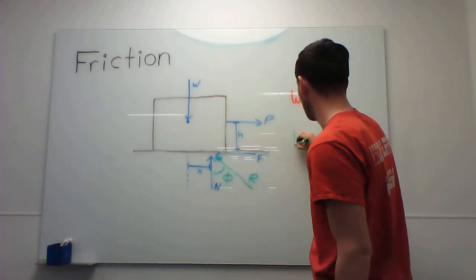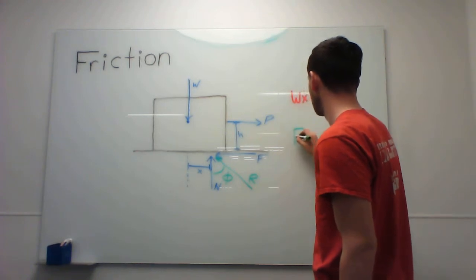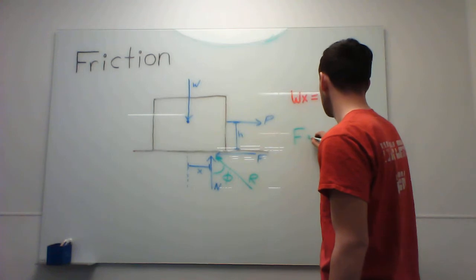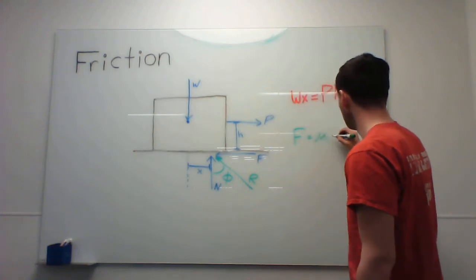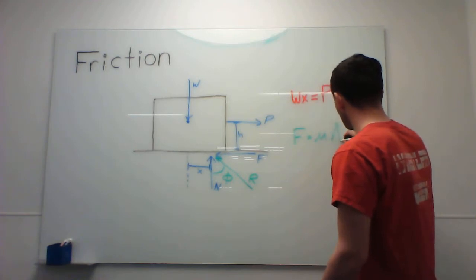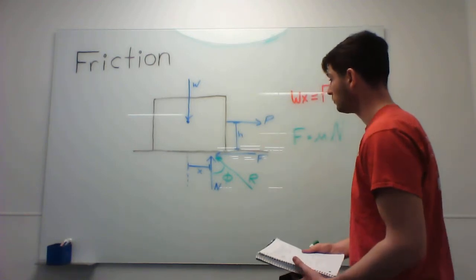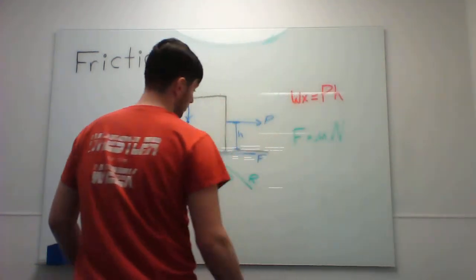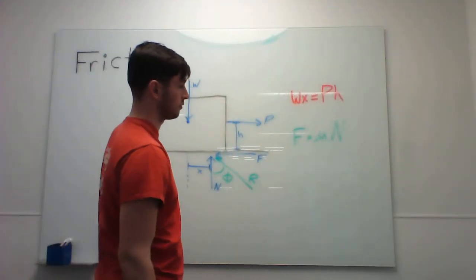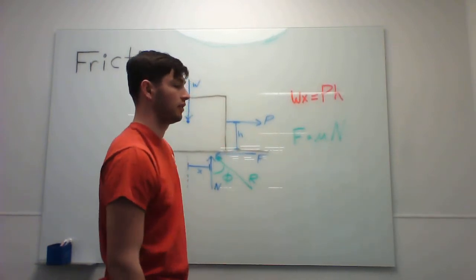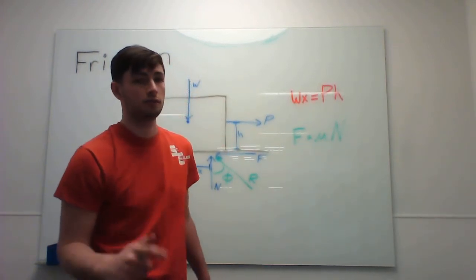So that's going to end up giving us a formula to find this frictional force. The frictional force is equal to mu times the normal force. So mu in this case is usually known as the static coefficient of friction.